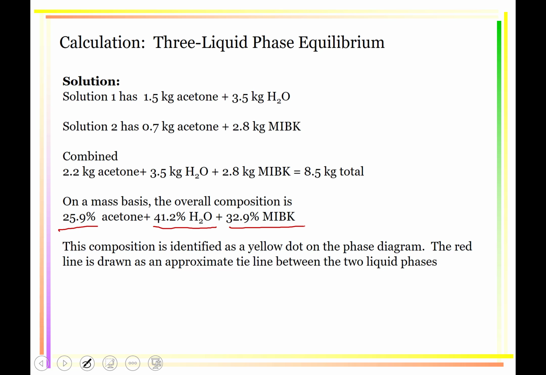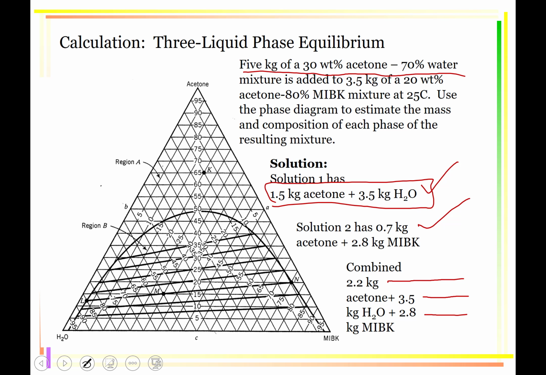So let's look at how we do this. I'm going to show you on the previous slide: we're going to find the point of 25.9% acetone and 41.2% water. We're going to go down the acetone axis until we come to 25.9, which is going to be right about there.